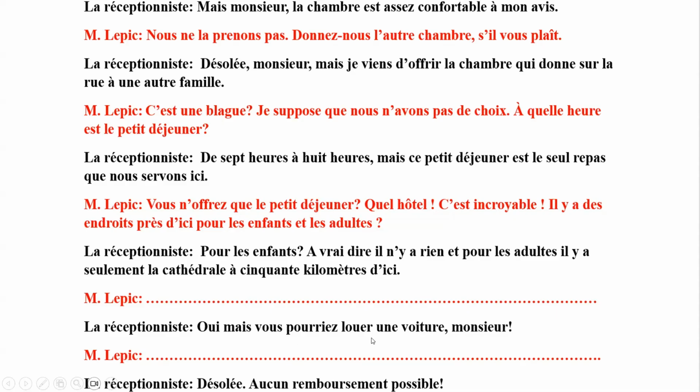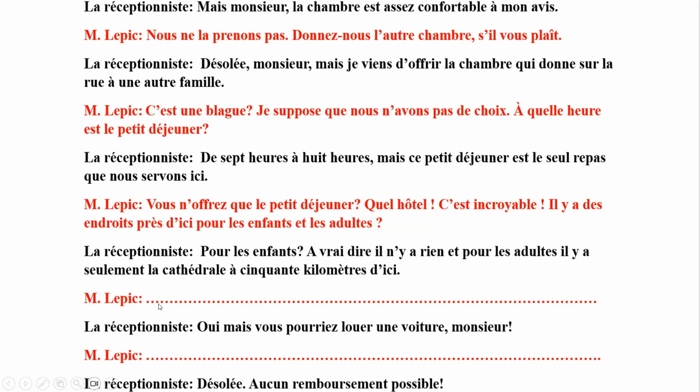Yes, but you could rent a car, sir. So above here, the receptionist says, for children, to be honest, there isn't anything, and for adults, there's only the cathedral 50 kilometers away from here. And below here, she says, yes, but you could rent a car, sir.